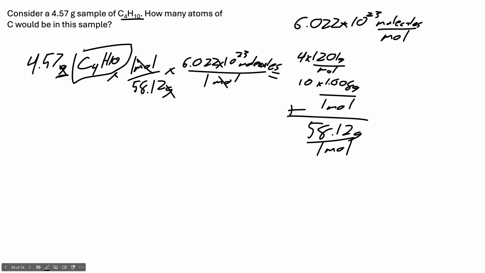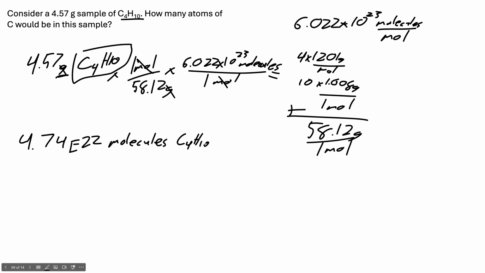And I get 4.74, I'm just rounding because I'm lazy and don't want to write everything out, E to the 22nd. E to the 22nd what? Don't forget about your units. It's going to help you not make mistakes on exams. Well, it's that many molecules of C4H10.